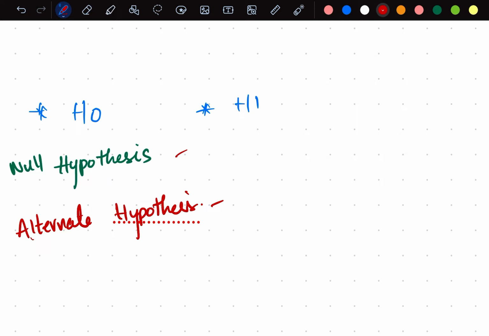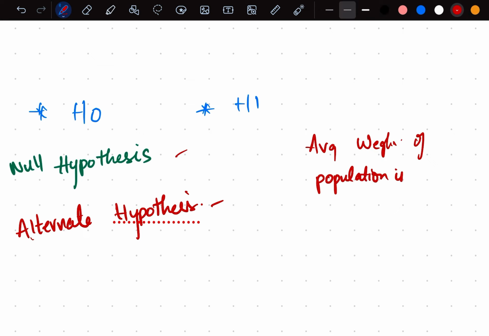What is the null hypothesis? For instance, let's take an example where the average weight of the population is 100 kg.